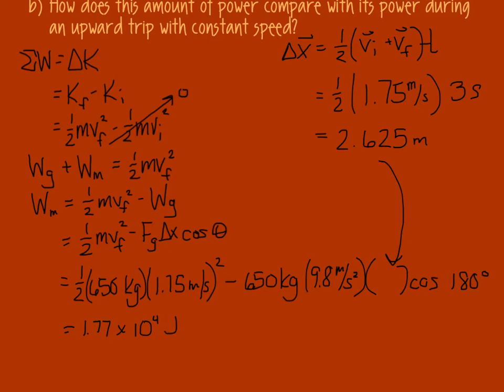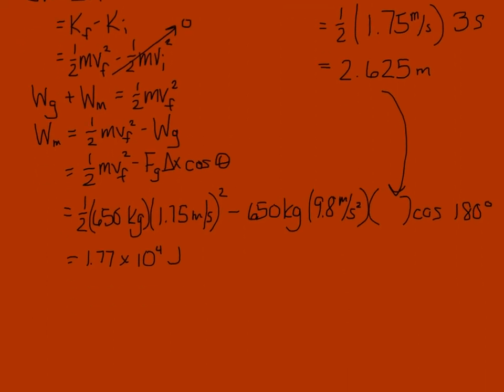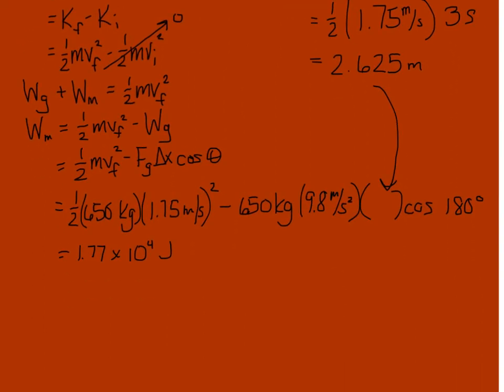But this problem isn't looking for how much work, it's looking for how much power. So to finish this problem, I have to use the equation power is work divided by time. We know that work is 1.77 times 10 to the 4th joules.